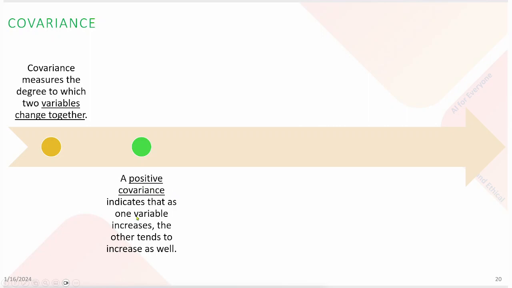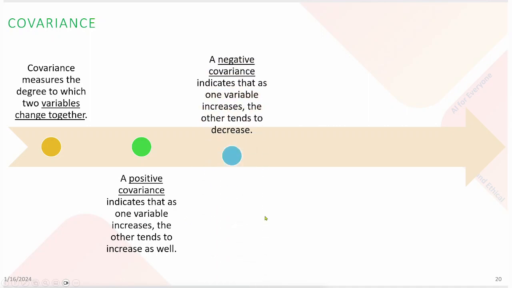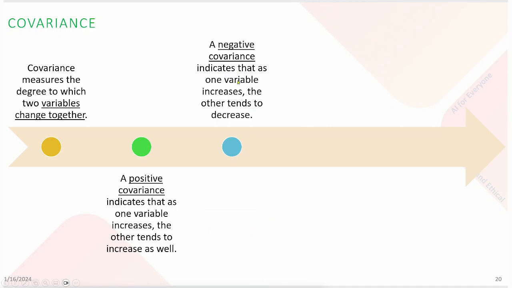That means if one variable increases, the other also increases, and if one variable decreases, the other variable's values also decrease. Negative covariance is when one variable increases and the other is just opposite, it decreases. So that's called negative covariance.